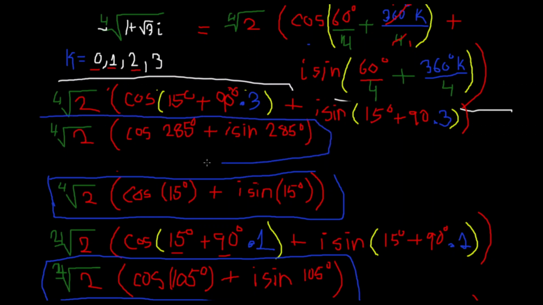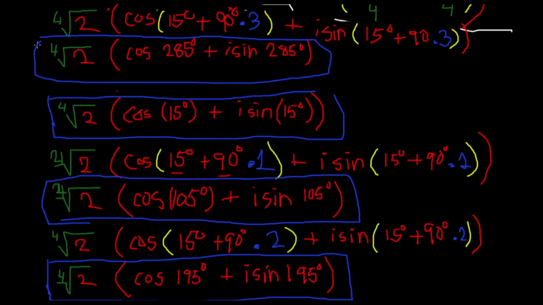And here we go, another answer. As you can see, we plugged in all of the values and we got 4 different answers. You can leave these in polar form, or you could plug it into the calculator and find the answer in rectangular form. That's all you have to do.